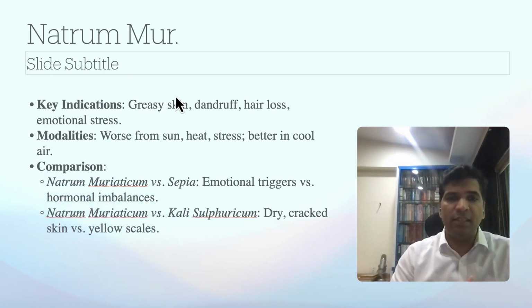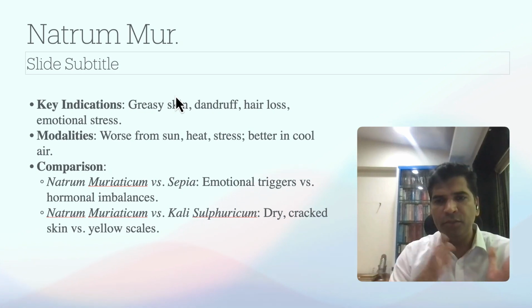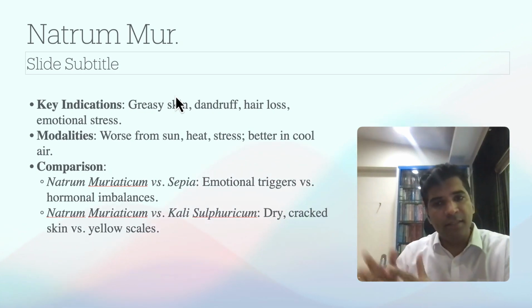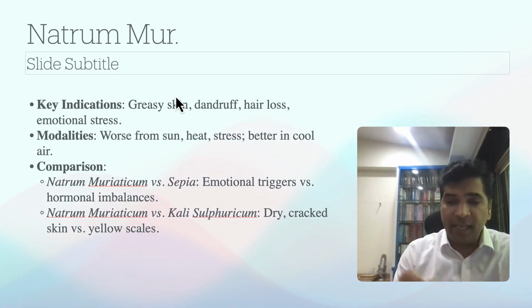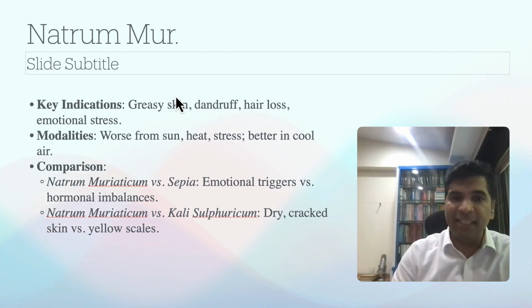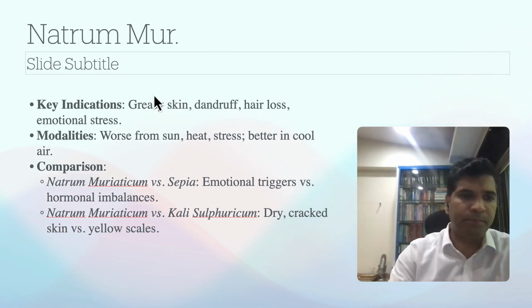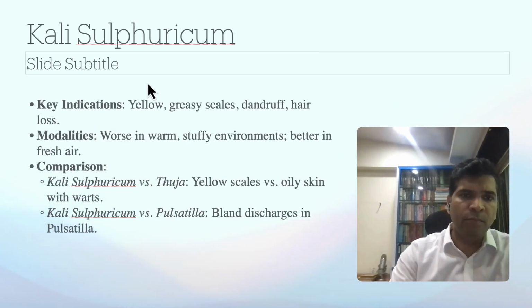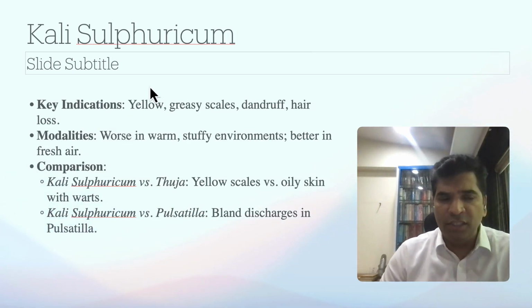That is Kali sulph and any kind of skin lesions, because Kali sulph is such a broad remedy, psoriatic, sycotic and syphilitic. There are cracks, but there are yellow scales in Kali sulph. So it's yellow greasy scales, especially on head or scalp, a lot of hair loss.